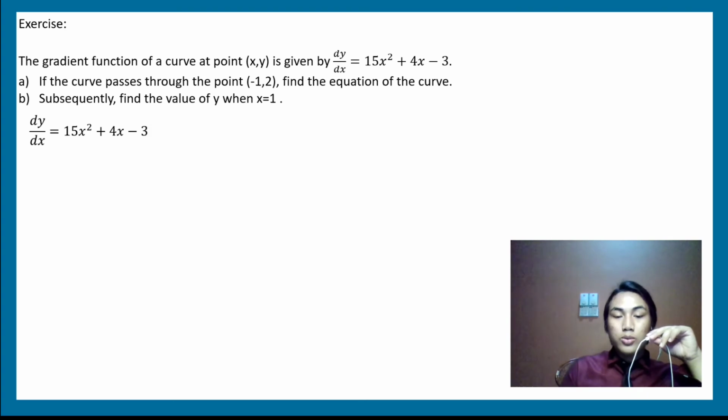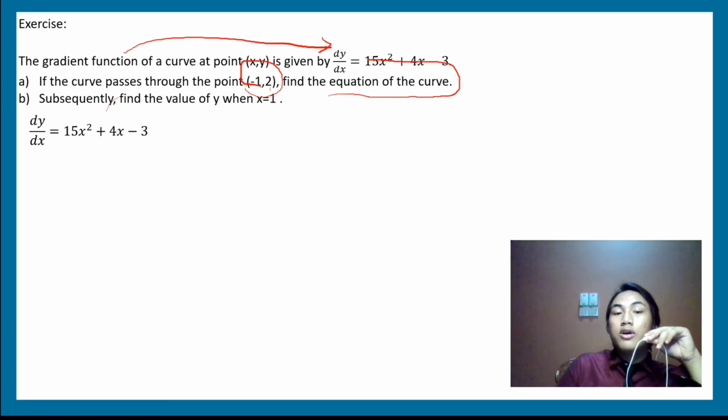So what is our gradient function? This one. Alright, so A, if the curve passes through the point (-1, 2), find the equation of the curve.